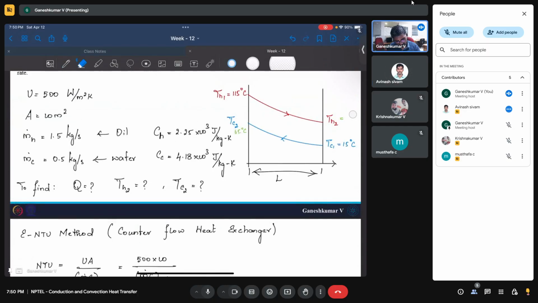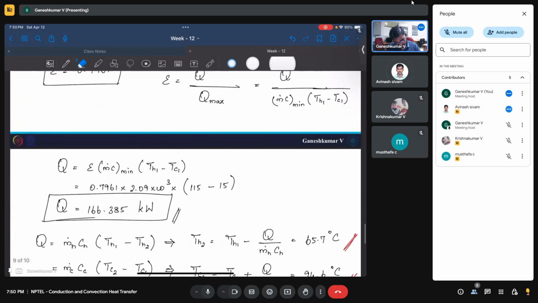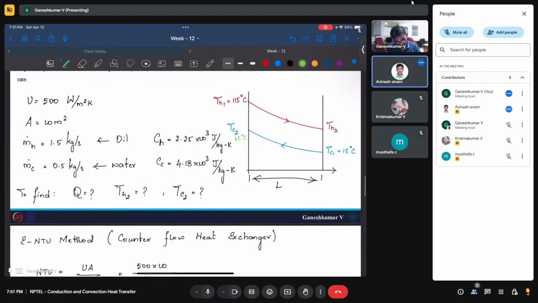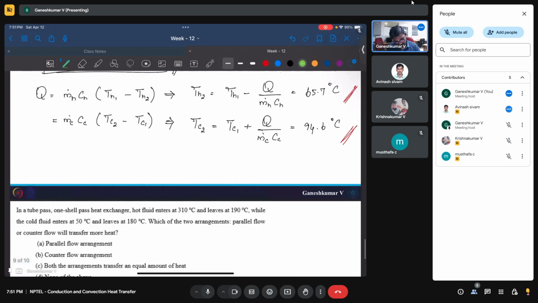Sorry, I think it's the other way: Th2 is 65.7 and Tc2 is 94.6.